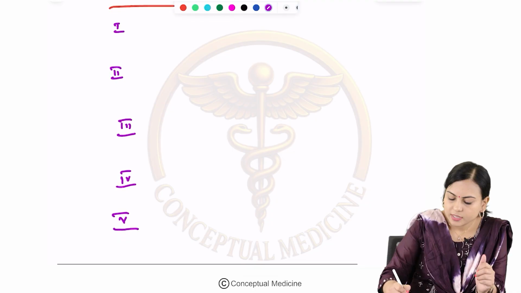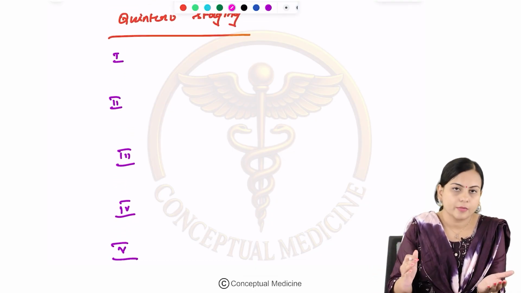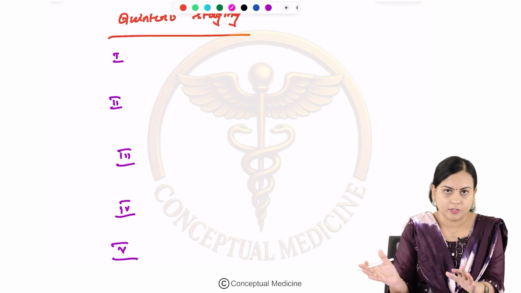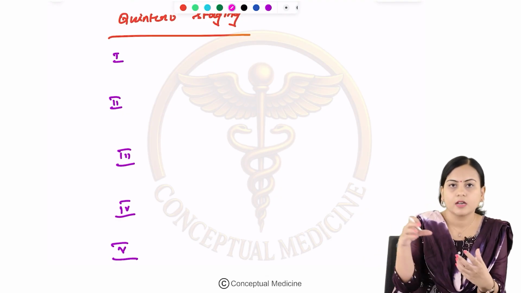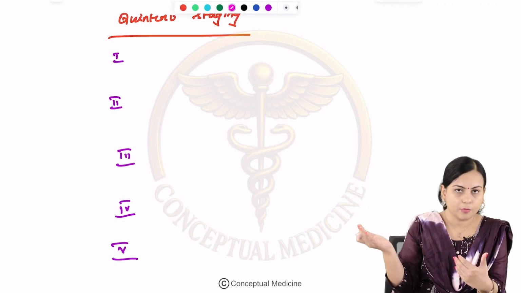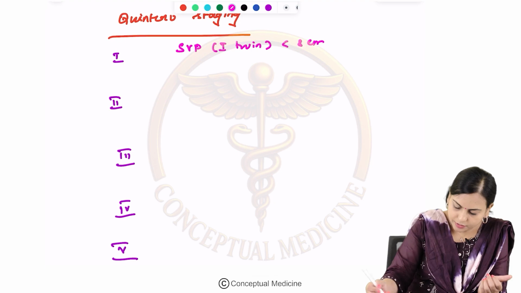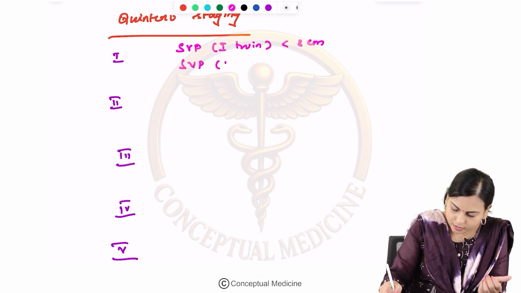In the first stage, simply we have oligohydramnios and polyhydramnios stage. So stage 1, the donor will be having oligohydramnios and the receiving twin will have polyhydramnios. So the single vertical pocket in the first twin will be less than 8 cm and a single vertical pocket in the second twin will be more than 8 centimeters.